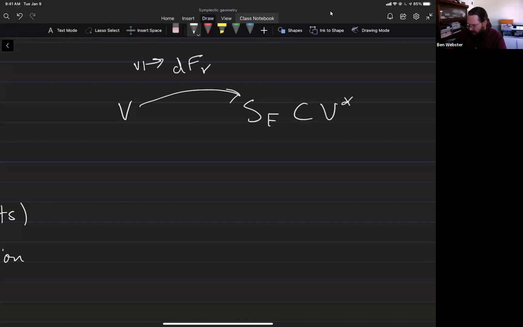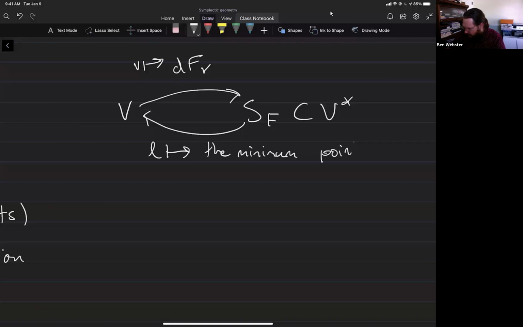I have a map back the other way, which is L gets sent to the minimum point of f sub L, which is by definition f minus pairing with L, thought of as a linear function.